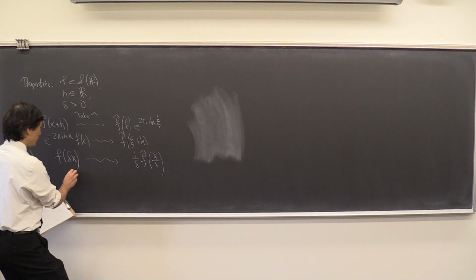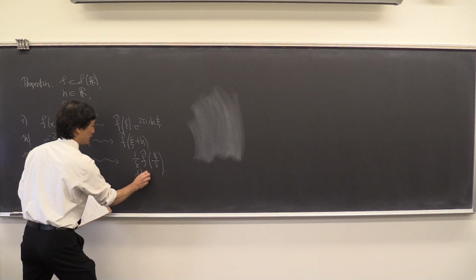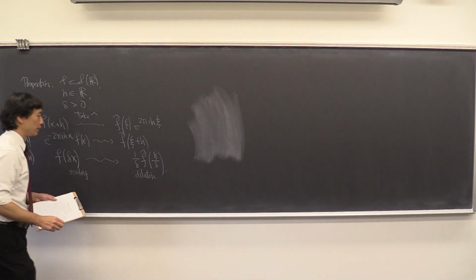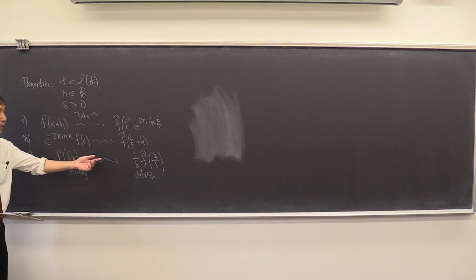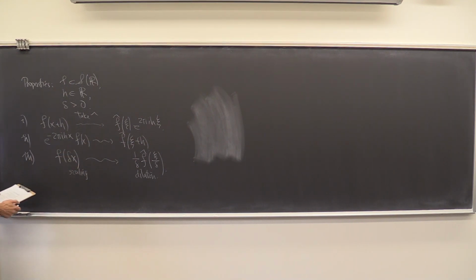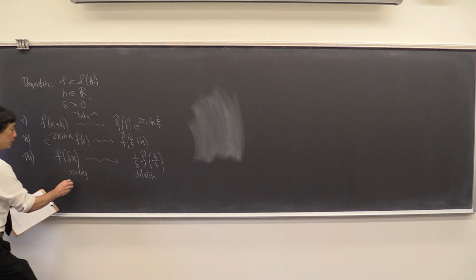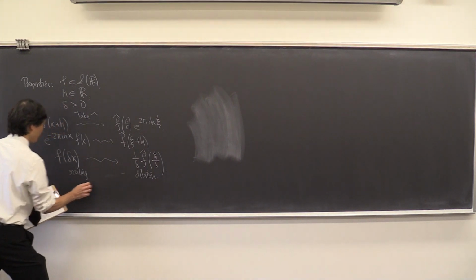So I call this one scaling, and this is dilation. Scaling turns into dilation, and actually the opposite is true, that dilation turns into scaling. If you dilate the function, then it turns into scaling by the reciprocal.